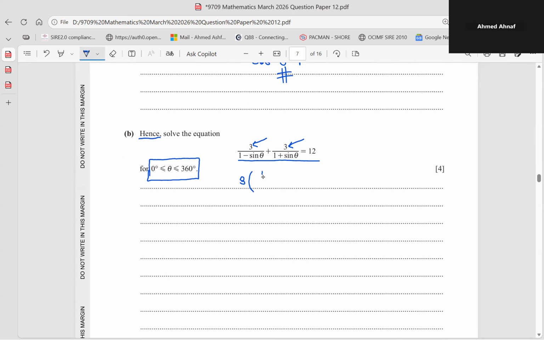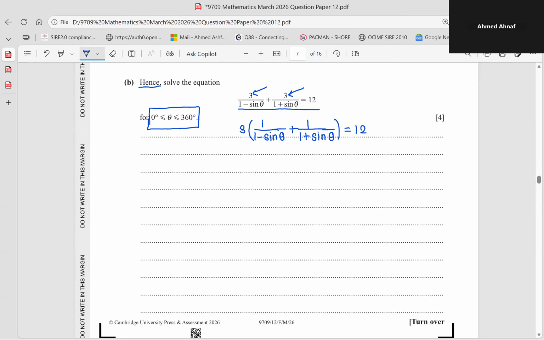So we get 3 bracket 1 over 1 minus sine theta plus 1 over 1 plus sine theta equals 12. To get rid of the 3, we divide both sides by 3.